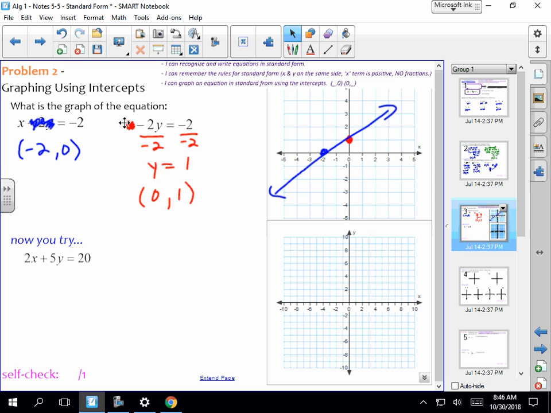Why don't you try the next one, see if you can graph that. See if you can locate the x and y intercepts just by looking at it. Be sure to list them.